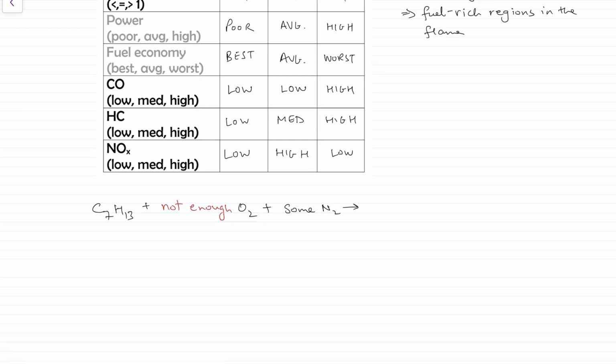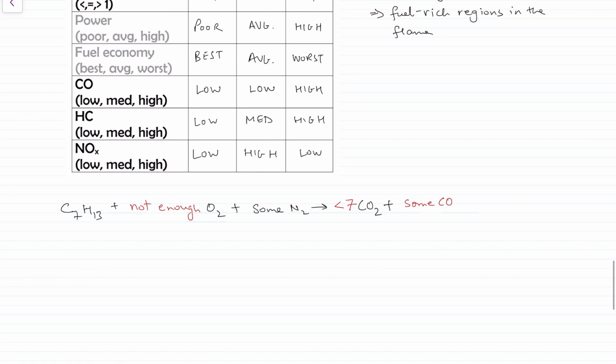Usually if it's complete combustion we would form 7 moles of CO2, but this time it will be less than 7. I'm not putting a number here because that will depend. In addition there will be some carbon monoxide formed, and then of course we have water and some N2.